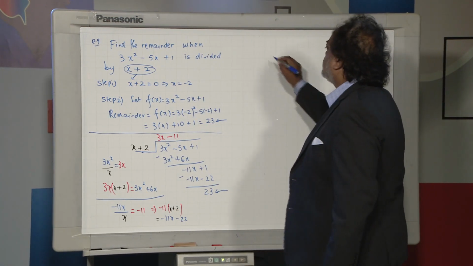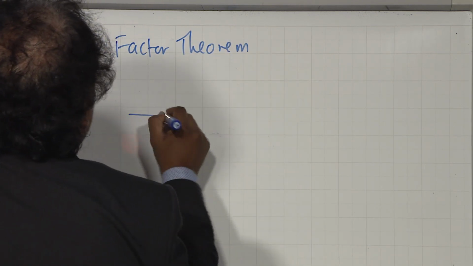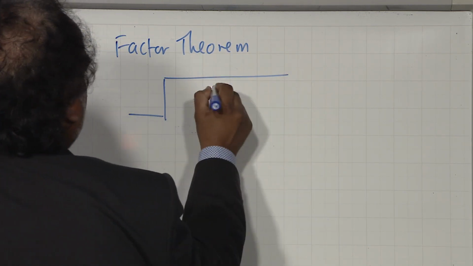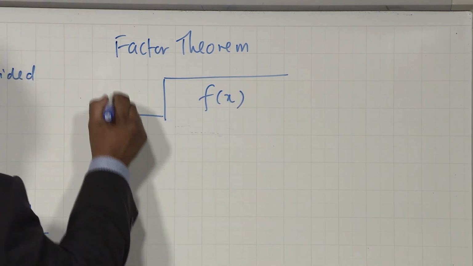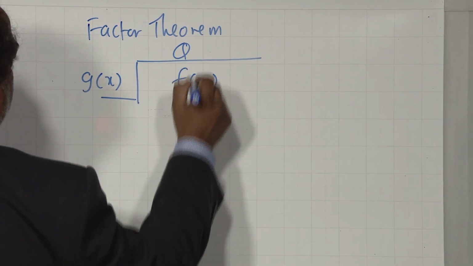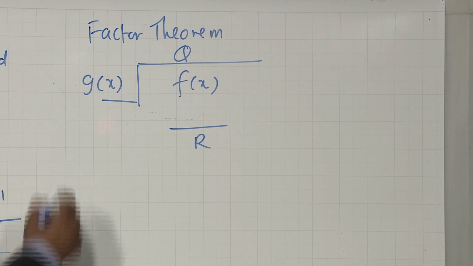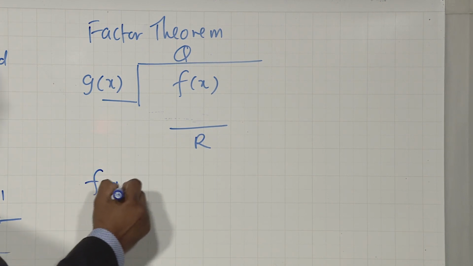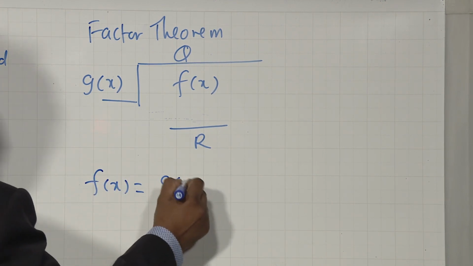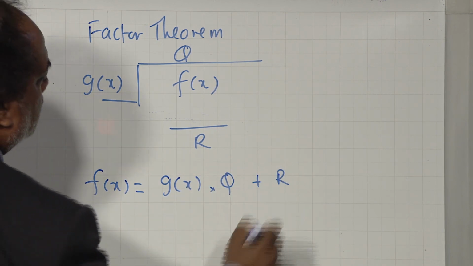Now, factor theorem. Now remember, f(x) is what? The divisor times the quotient plus the remainder.